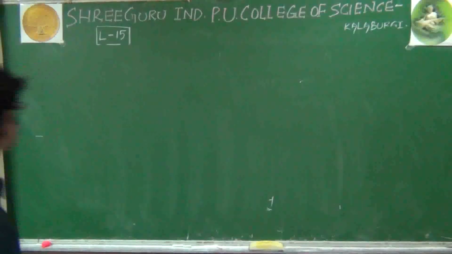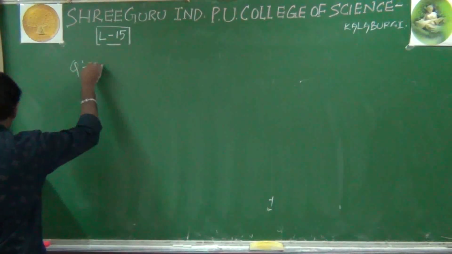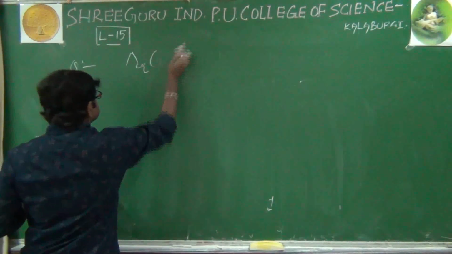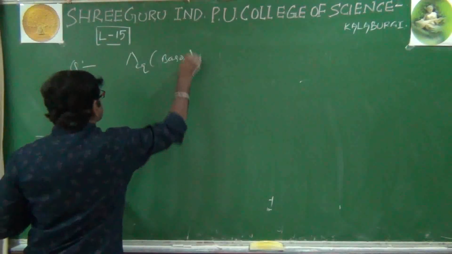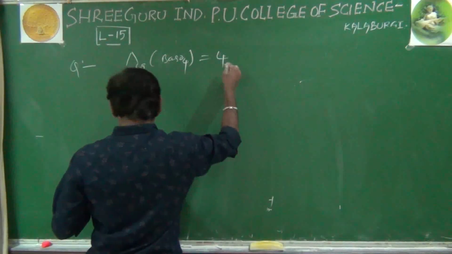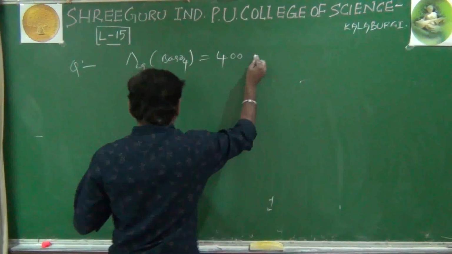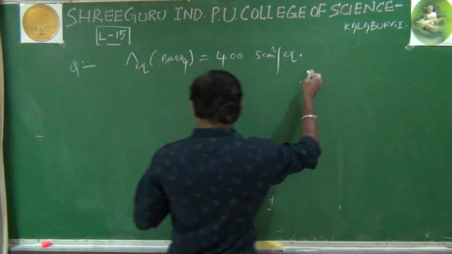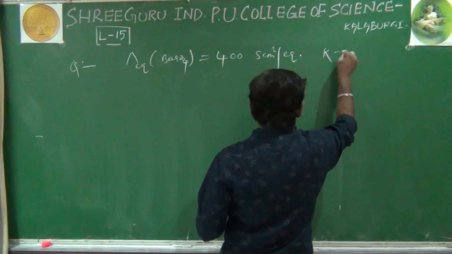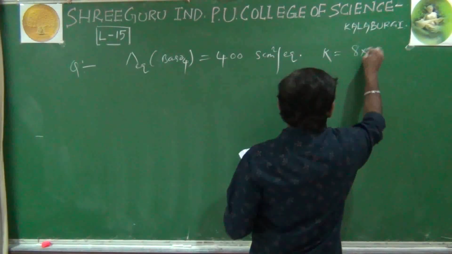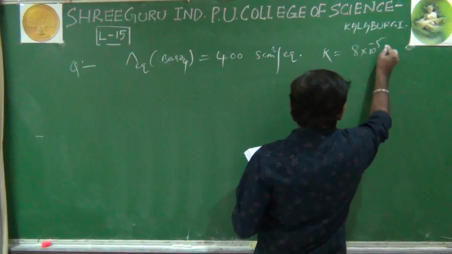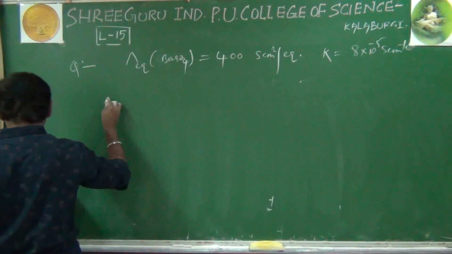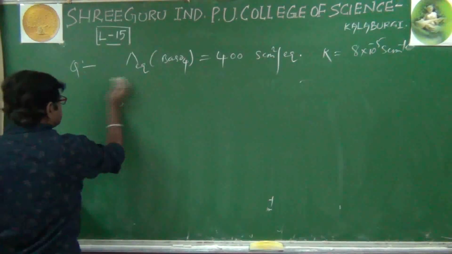Next question is like this. Lambda equivalent conductance of barium sulfate is equals to 400 Siemens centimeter square per equivalent, and its K value is given as 8 into 10 to the power of minus 5 Siemens per centimeter, and it is asking for KSP, the solubility product.